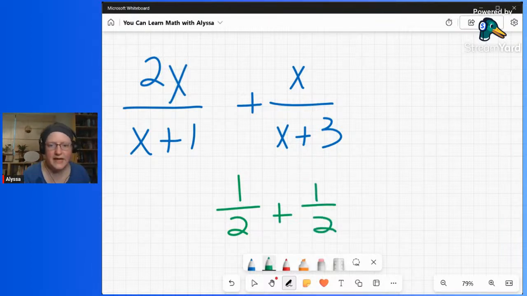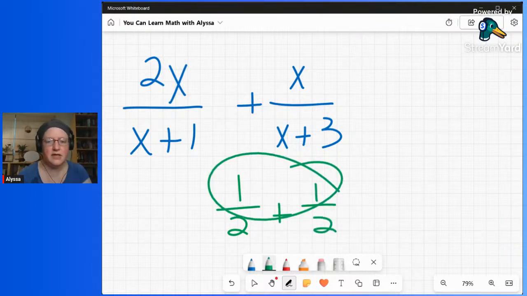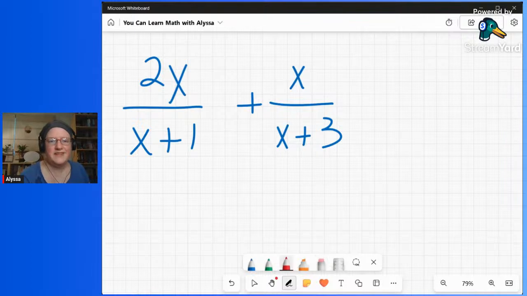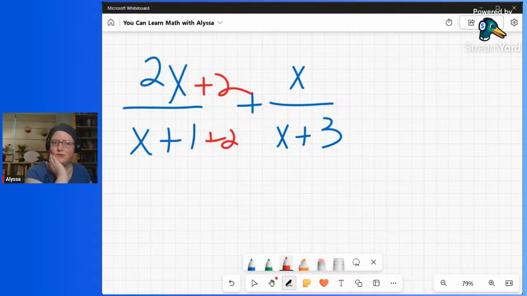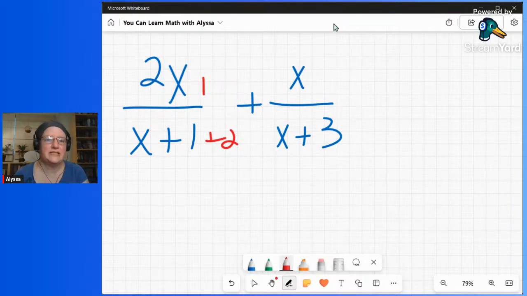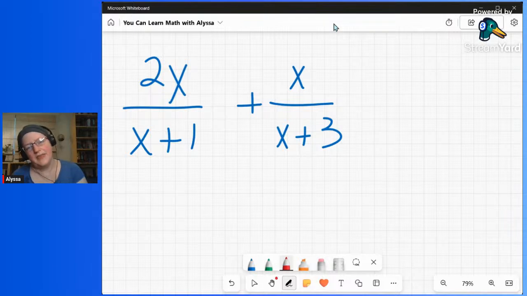The denominators match, and so we just add the numerators. I'm like, all right, I've got x plus 1, I've got x plus 3, so I can just add 2, right? Add 2, top and bottom, and I'm done. Oh, I wish. Nope. Unfortunately, that is not the case.